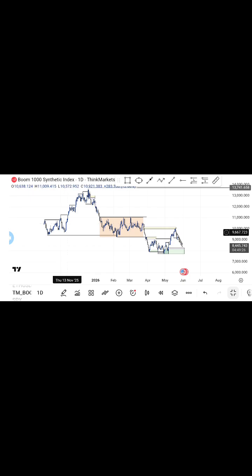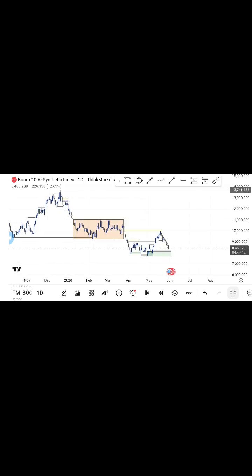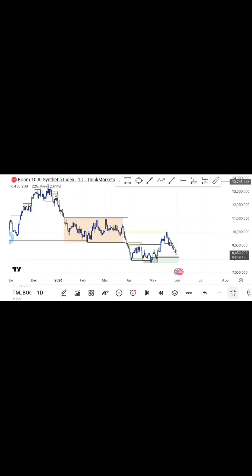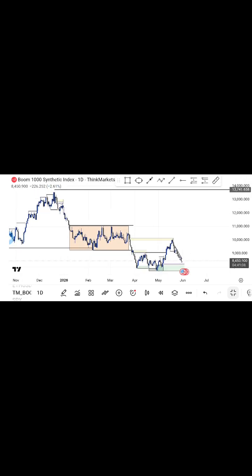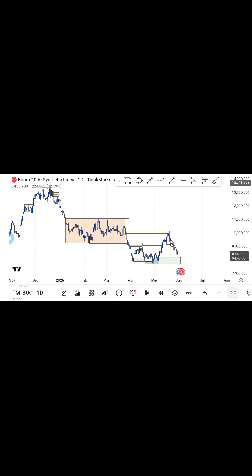Then it pulls back again to retrace to our demand zone, this demand zone here. Then it pushes back up. But we are actually in a downtrend based on the analysis I did. So the structure of the market is a downtrend movement.